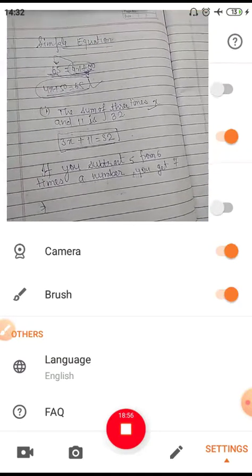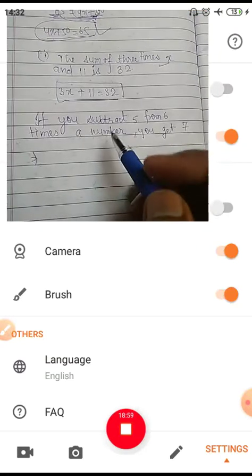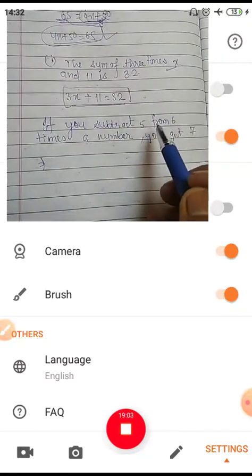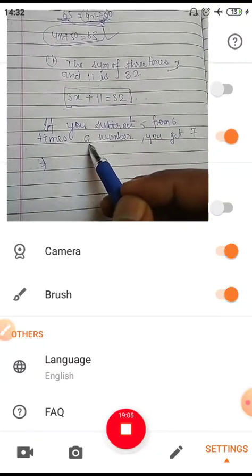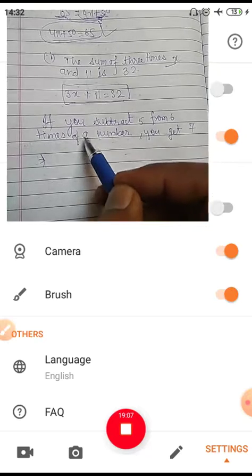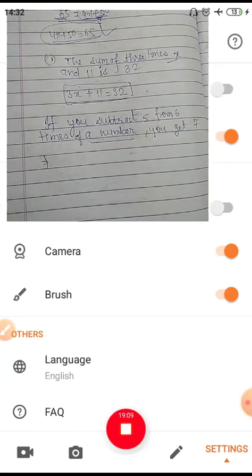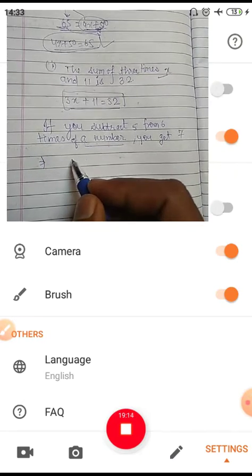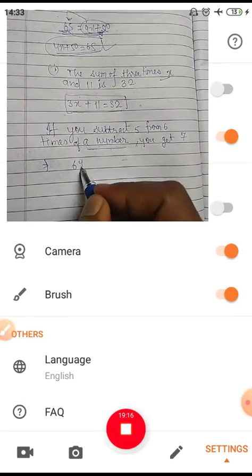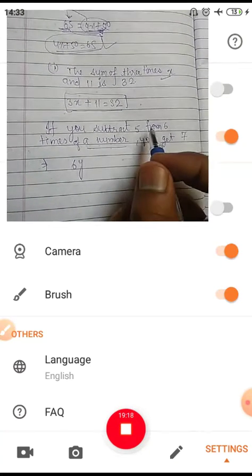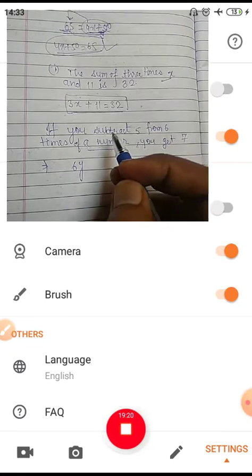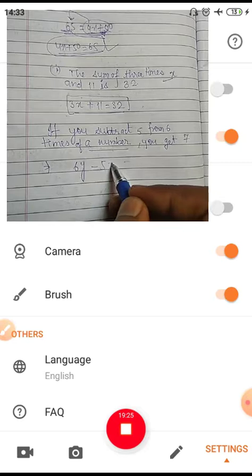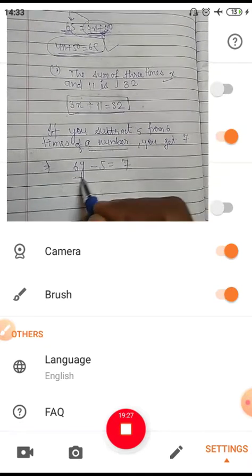What will you write this statement in equation form? In place of a number we choose any variable, so 6 times that variable is 6y. And you subtract 5 from 6 times of a number, so 6y minus 5 is equal to what? You get 7.